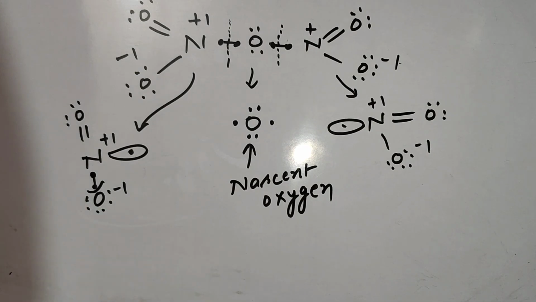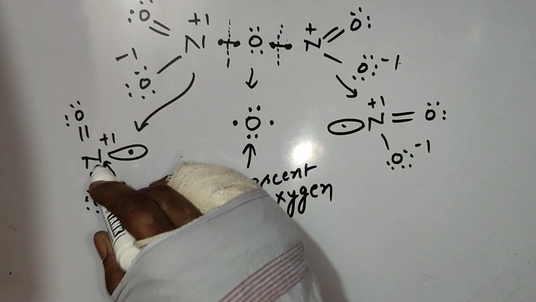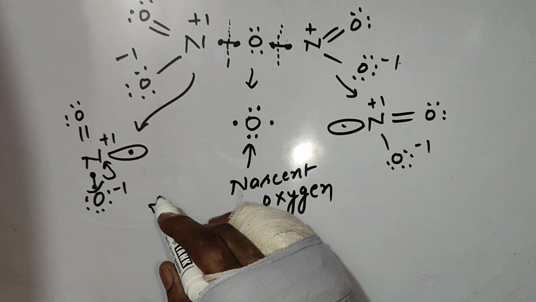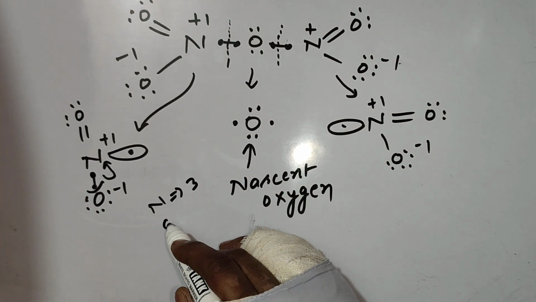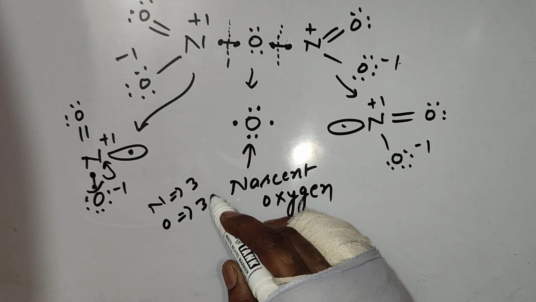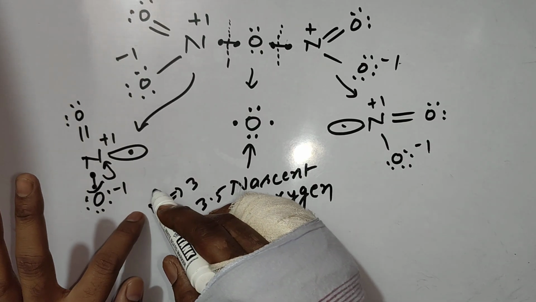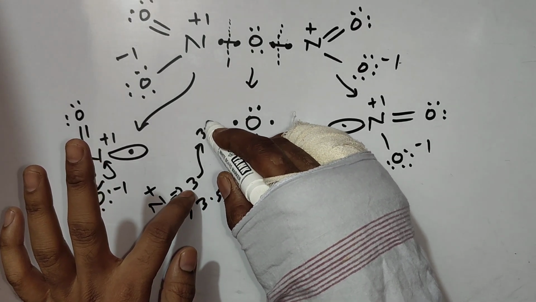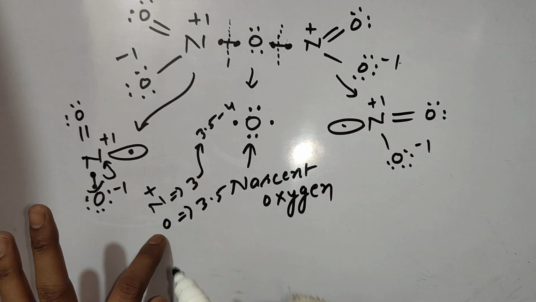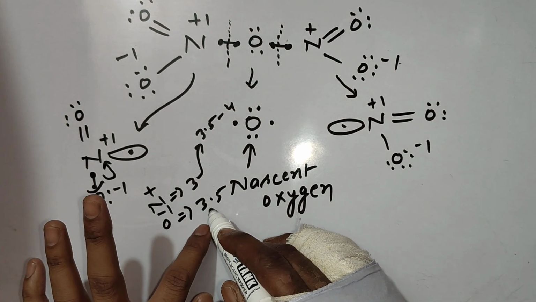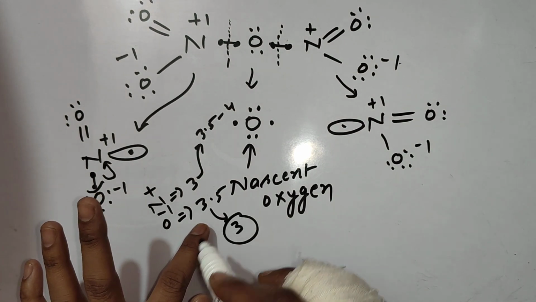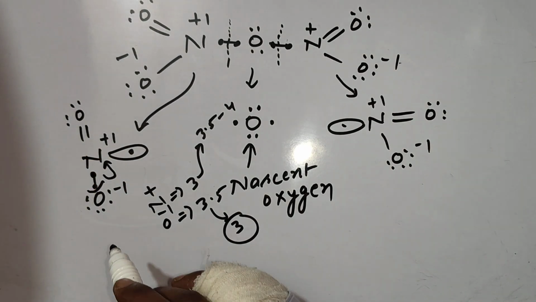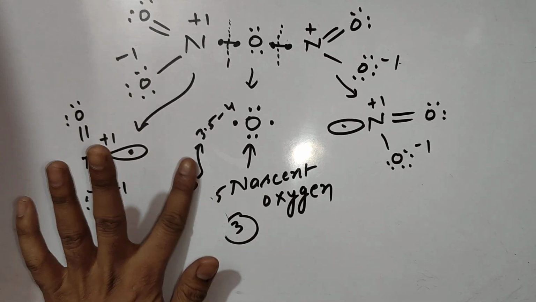So when the bond breaks, electrons will shift back toward nitrogen like this. The reason? Normally nitrogen's electronegativity is 3 and oxygen's is 3.5. But here the nitrogen is positively charged, so its electronegativity is further increased to 3.5 to 4. And oxygen is negatively charged, so its electronegativity is decreased to 3. So when the bond breaks, the electrons will shift toward nitrogen and this oxygen will be released.